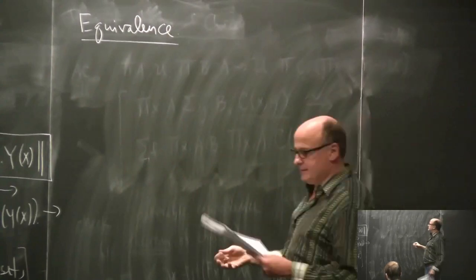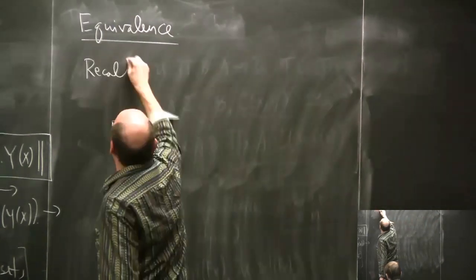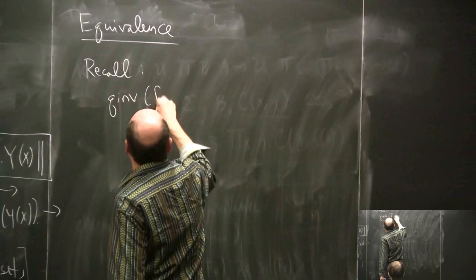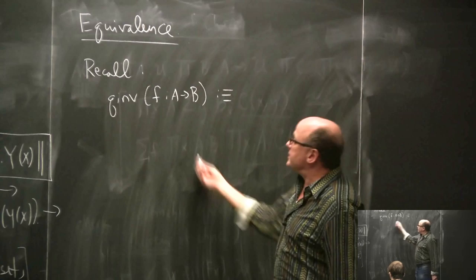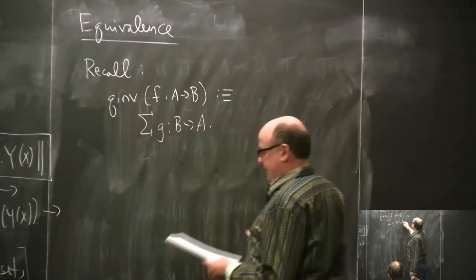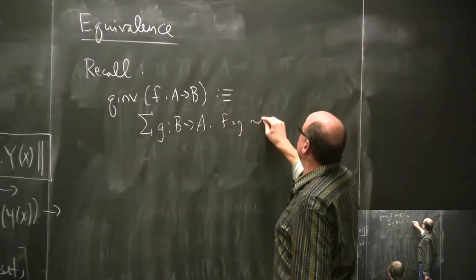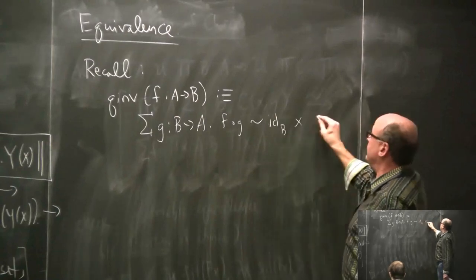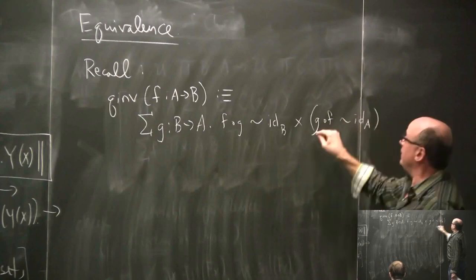Remember, we defined what it is for f, which goes from A to B, to have a quasi-inverse: there's a g from B to A which is left and right inverse to it. A way to say that is f composed with g is homotopic to the identity on B, and g composed with f is homotopic to the identity on A.